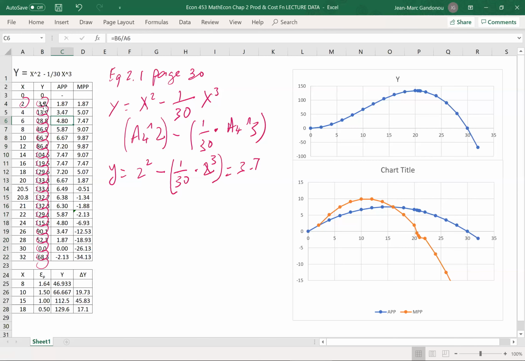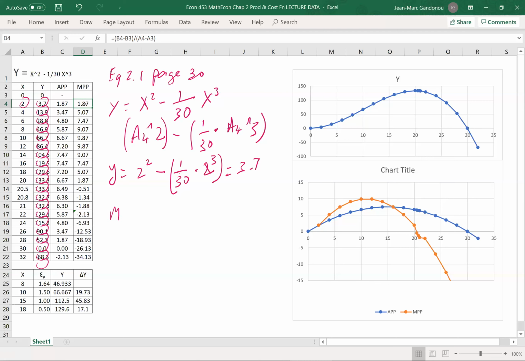I didn't know that we will copy. And so you do the same thing for average physical product and marginal physical product. So for marginal physical product, of course, is going to be the difference in y divided by the difference in A, right?